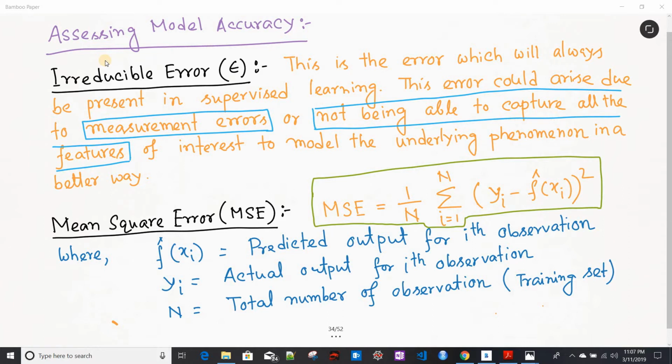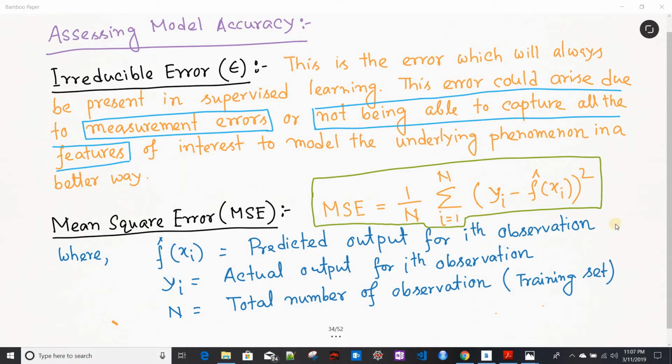Now this leads to this irreducible error. That means this particular error will always be there in the system. That means our output function will always have this particular error, and we will never be able to be 100% perfect. So this error cannot be reduced. That's why it is called irreducible error. Generally we denote it as epsilon.